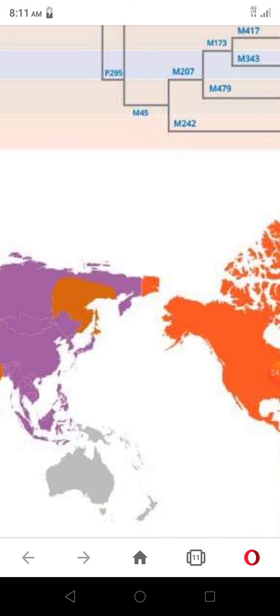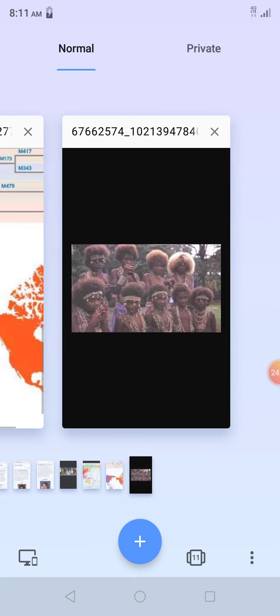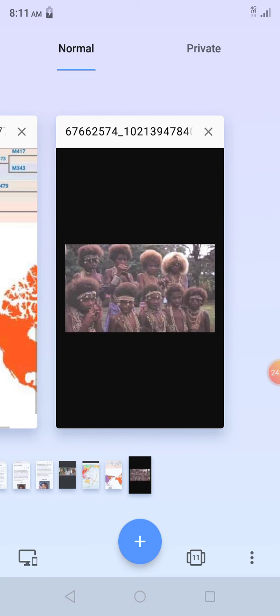So real quick, I want to share some pictures dealing with those people. So we have the Oceania people. As you can see, the coloration of the blonde, and then after a while, it changes into a darker color.